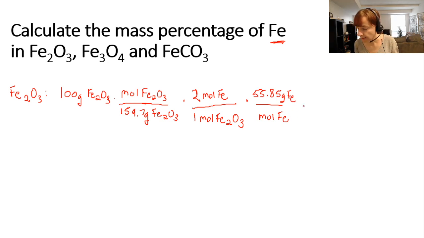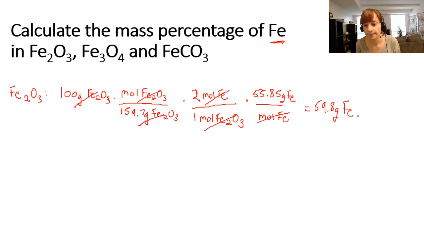Okay. And if we do the full calculation, we can cancel out all our units now. Grams of Fe2O3 cancels out with grams. Moles of Fe2O3 will cancel out here. Moles of iron cancel out with moles of iron. And we end up with 69.8 grams of iron.